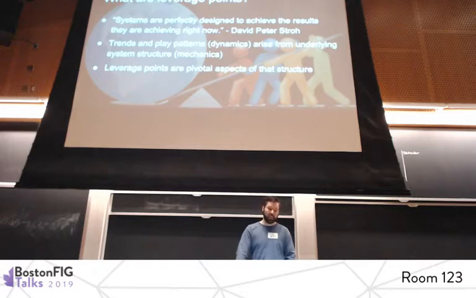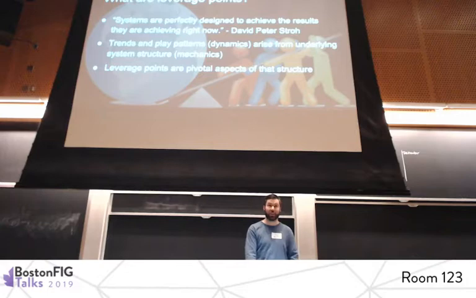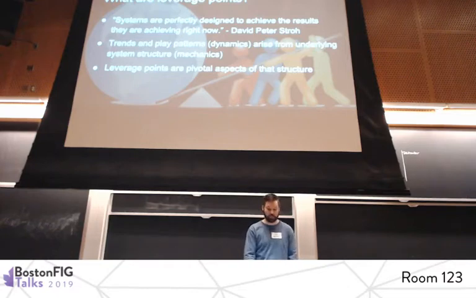In the book Systems Thinking for Social Change, David Peter Stroh observes that systems are perfectly designed to produce the results and behavior that they are currently producing. I think this is just as true for games as it is for real-world systems, and it's an important lesson in both cases. If your game is producing undesirable experiences, chances are the root cause can be traced back to your underlying game mechanics and system structure.